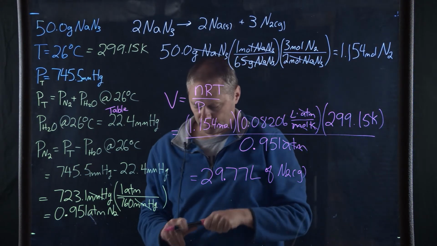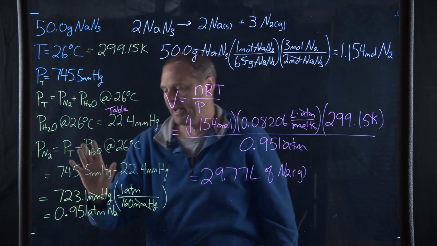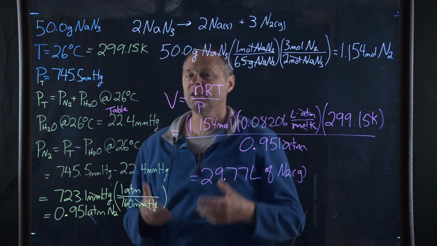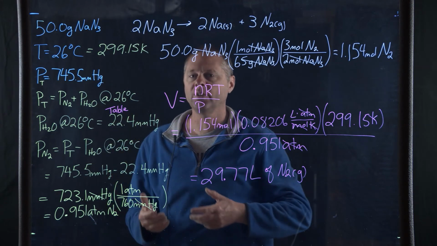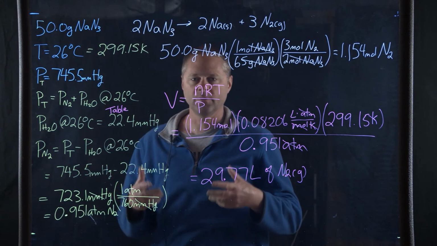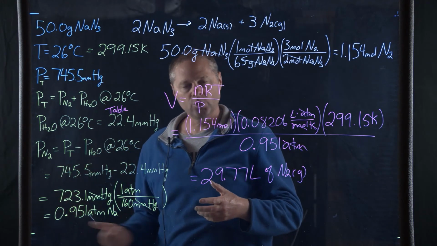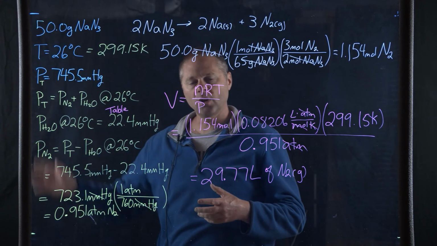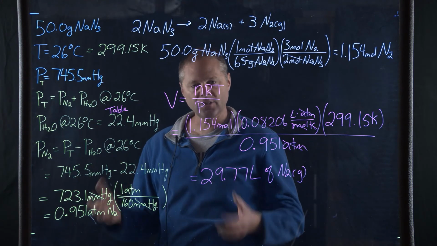Now, the reason we went through this entire pressure calculation, I want to go back to that a little bit, is because when you are collecting a gas over water, you would take, for instance, a graduated cylinder or some type of vessel, fill that with water, and then run a hose into that vessel, and that hose would also be connected to the reaction flask.